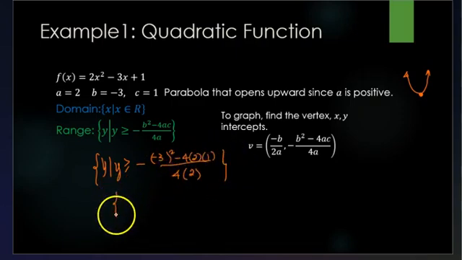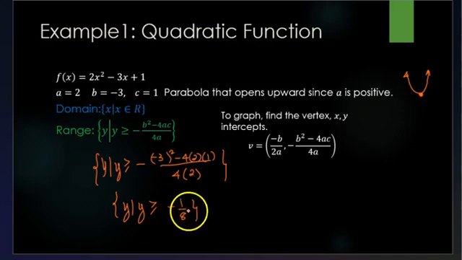Let's simplify this. That would be 9 minus 8, so that's negative 1 over 8. So that would be the range. That also tells us that the y coordinate of the vertex of our parabola is negative 1 over 8.